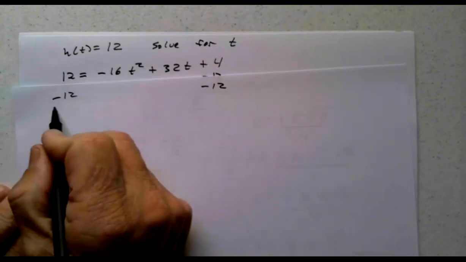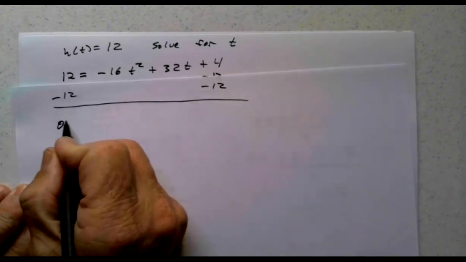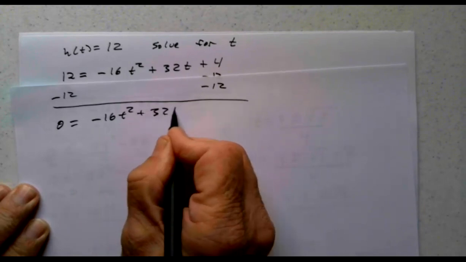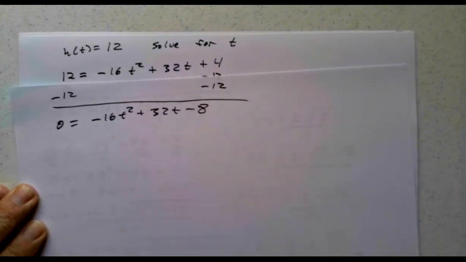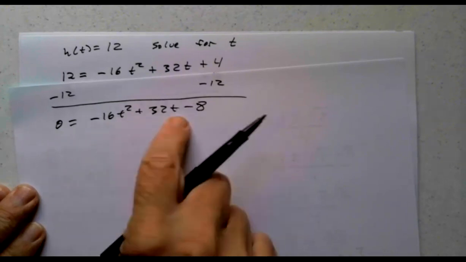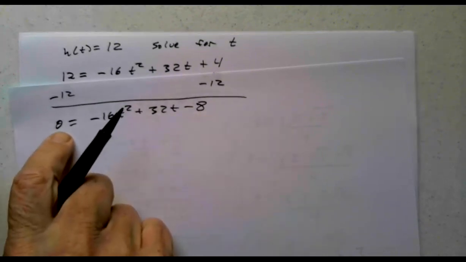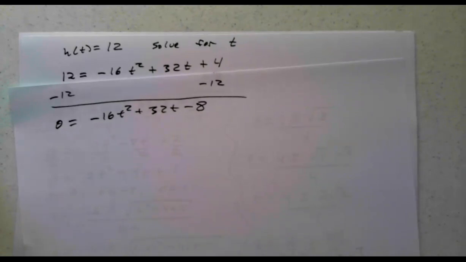And then I get what? Then I get 0 is negative 16t squared plus 32t minus 8. And I'm going to graph this, negative 16t squared plus 32t minus 8, and find out when that is equal to 0. Let me show you.